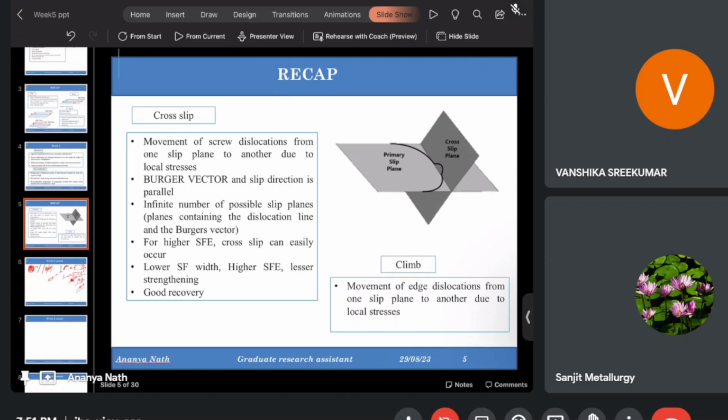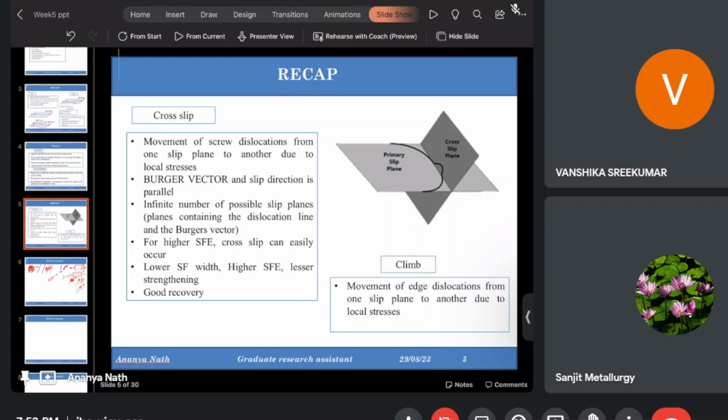This is an example of the screw dislocation, how it's moving from one slip plane to another slip plane very easily because of its parallel Burgers vector. In the next point, it's written the Burgers vector and slip direction is parallel in case of screw. This is why there are infinite number of possibilities in which it can move through the cross slip phenomena.